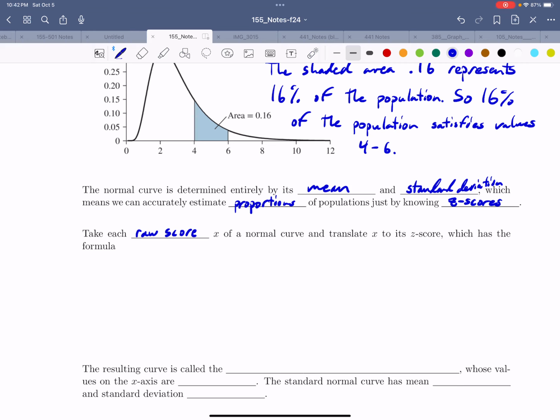Remember, to turn a value x into its z-score, we say that z equals x minus the, I'll use the mean, divided by the standard deviation. Or if we're using sample data, then we write it this way. It's the same thing, we just use different variables, right?